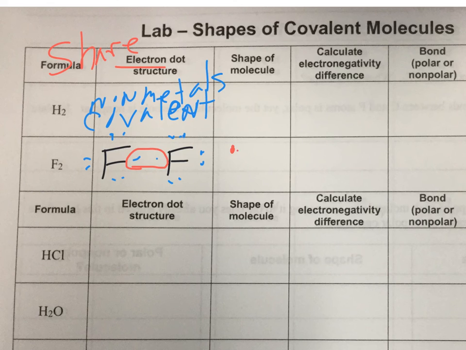You can either draw it in, or you can write the F bonds with F. So you can either draw it or you can put the elements on there. But don't forget to put the bond in there. Each bond has one electron on each side of that bond, okay?